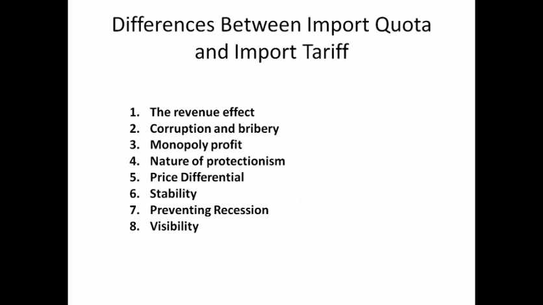Then the stability. An import quota is unstable because it can be changed at the discretion of bureaucracy, while a tariff is stable because any change in the tariff policy requires legislative approval. Then preventing recession. That means quota may also be used as a device to prevent the international transmission of severe recession.